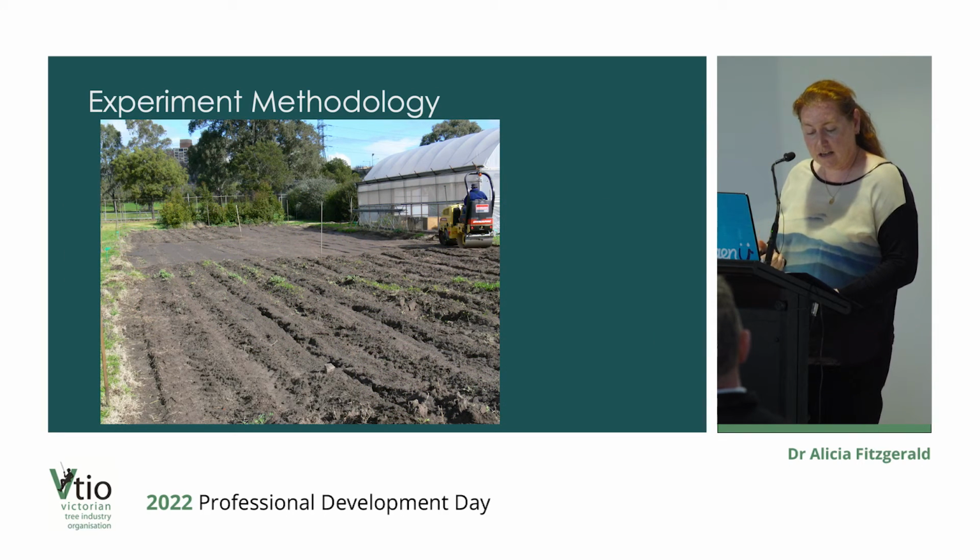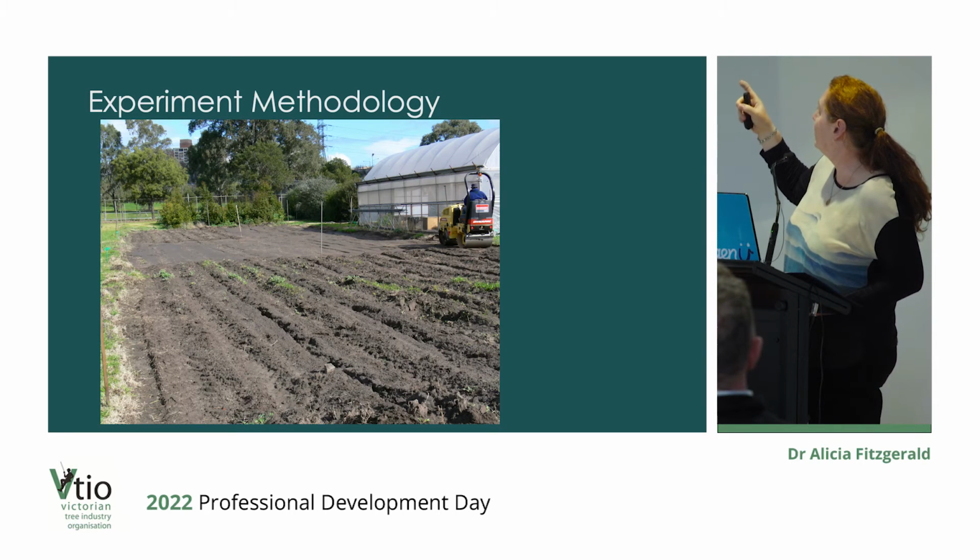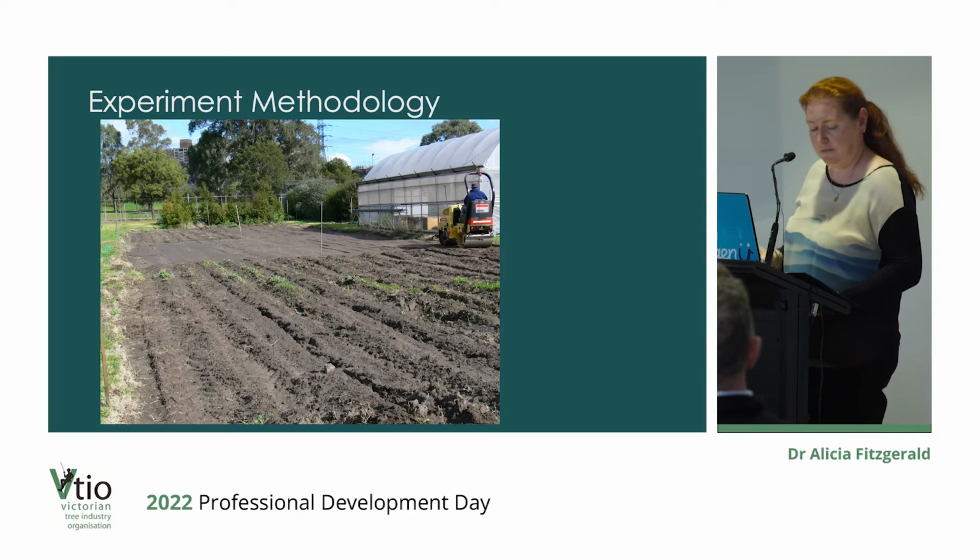Here you can see the treatment of some uncompacted blocks and compacted blocks. So the smooth area is the compacted block, so there's 3 in that area. The one on the top left is uncompacted and the rest are uncompacted.